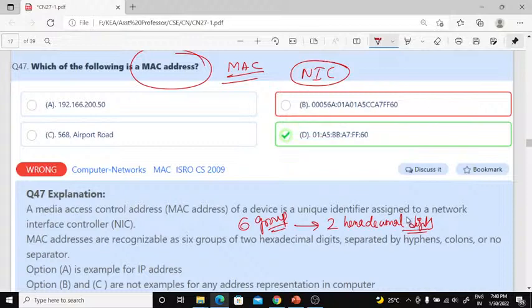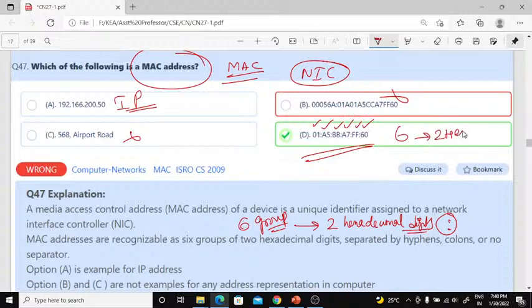The six groups of two hexadecimal digits are separated by a hyphen, or colon, or no separator. So this one is an IP address. A is an IP address, B is not, C is not an example, so here it is a MAC address. There are six groups with two hexadecimal digits.